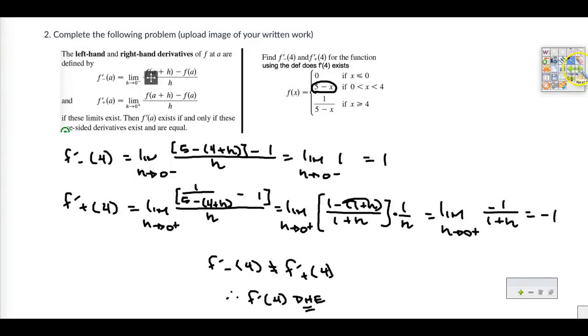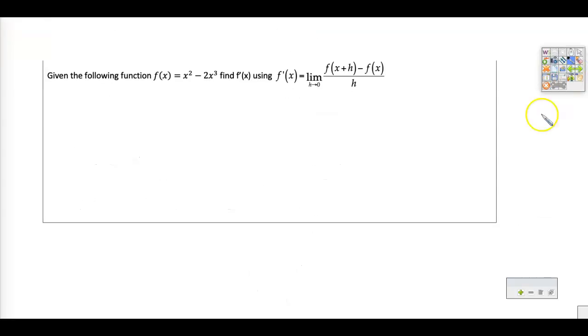And so another example that I would like to take a look at here is, given the following: f of x equals x squared minus 2x to the cube, find f prime using this limit definition. And so again, it's at random, so proper notation, f prime of x is going to equal the limit as h approaches 0.